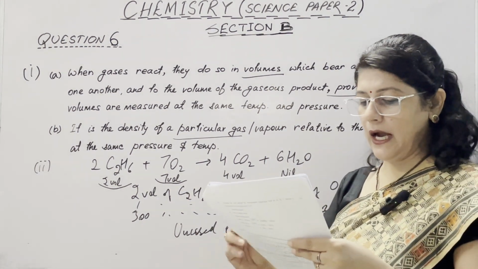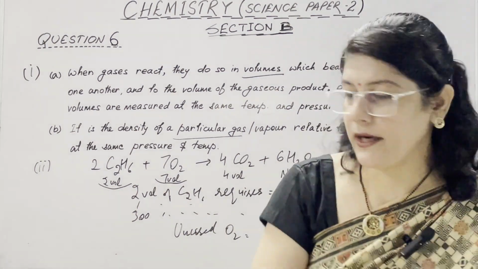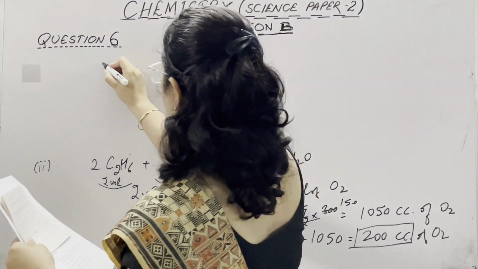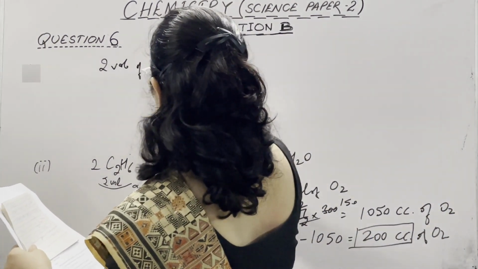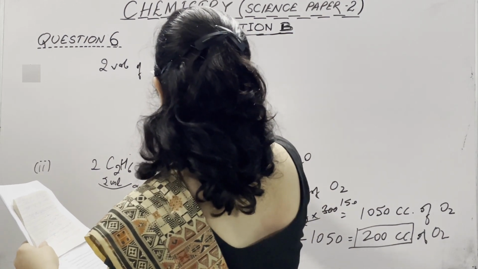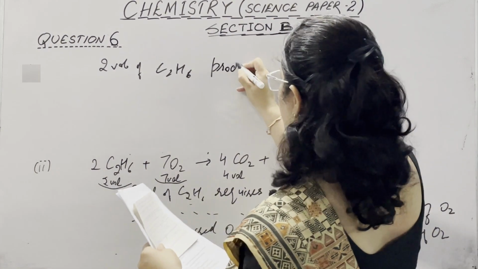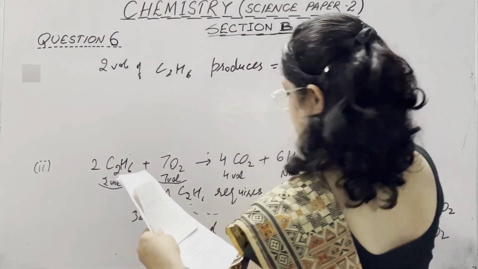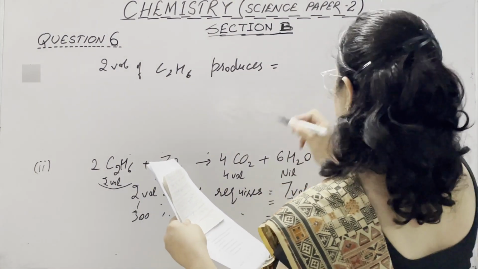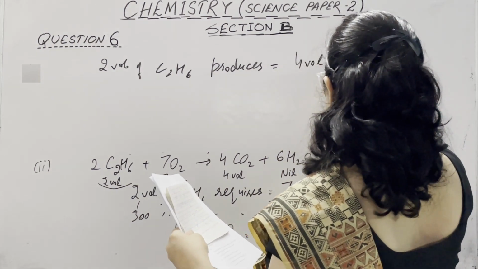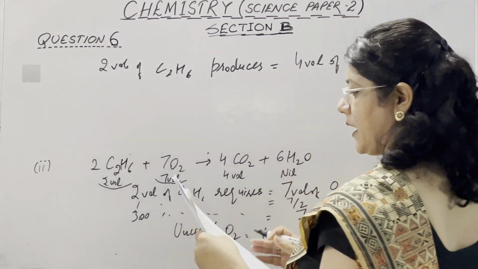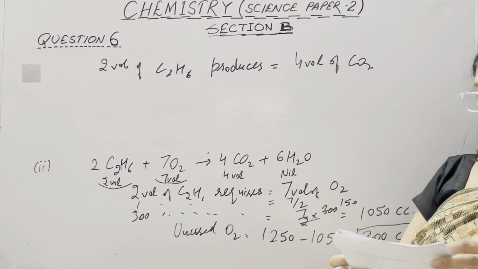In second part, they asked us the volume of carbon dioxide produced. Now 2 volumes of ethane, C2H6, produces 4 volumes of carbon dioxide. We need to write produces.